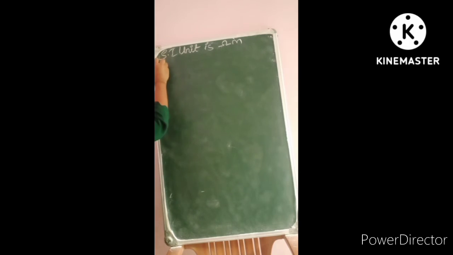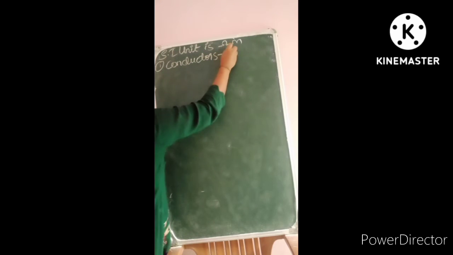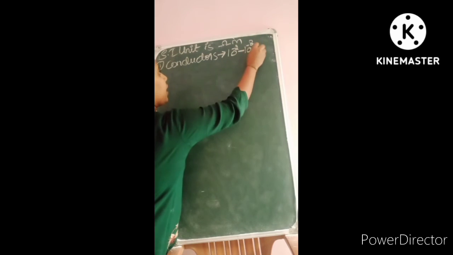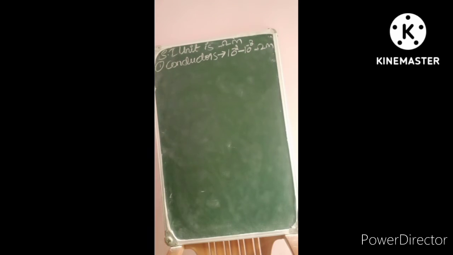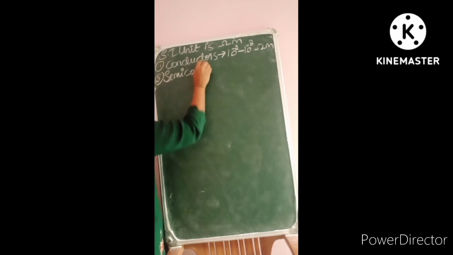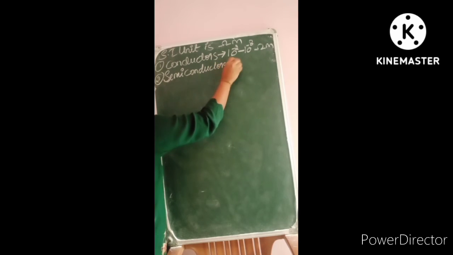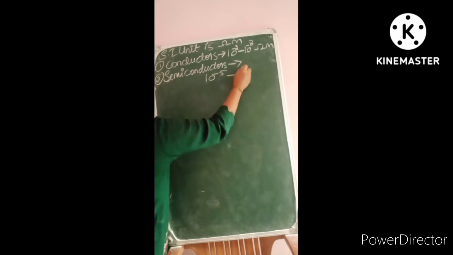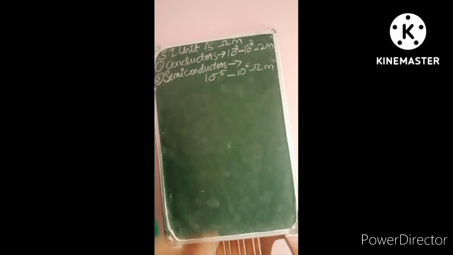So what is the order of resistivity for conductors? It is about 10 raised to minus 8 to 10 raised to minus 2 ohm meter. For semiconductors, it is of the order 10 raised to minus 5 to 10 raised to 6 ohm meter.